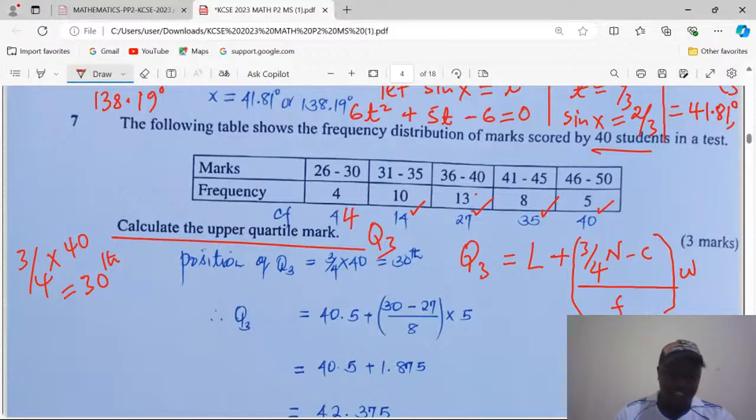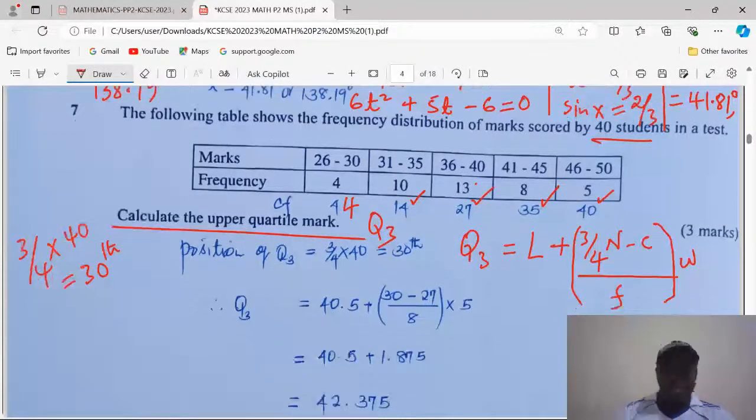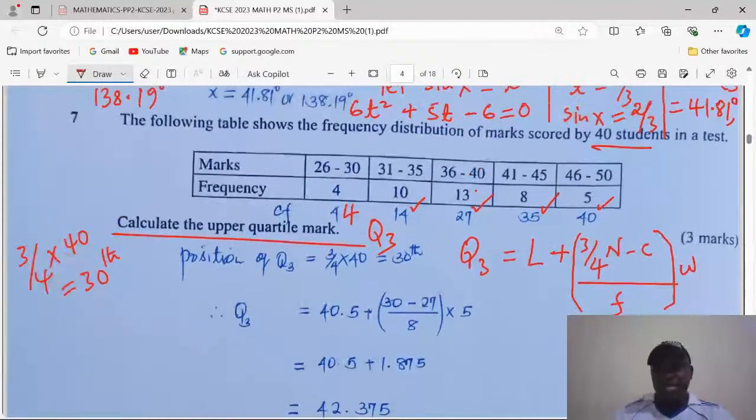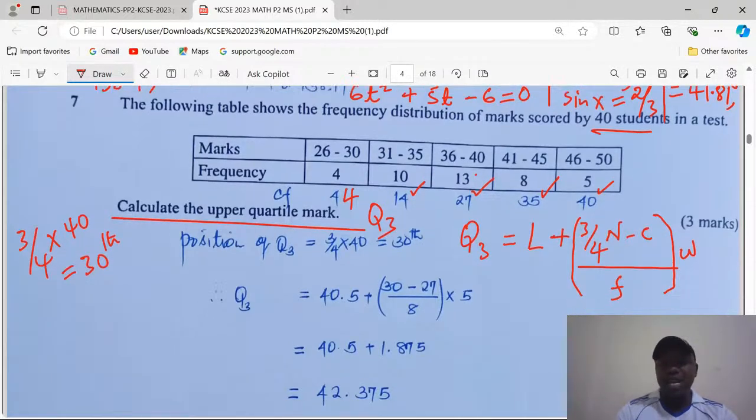So we're talking about the 30th student. Which class will accommodate the 30th student? In the first one, there are only 4. By the time we're in the second one, 14. The third one, 27. But in the fourth class, that is where the 30th student is. And so that becomes our Q3 class.